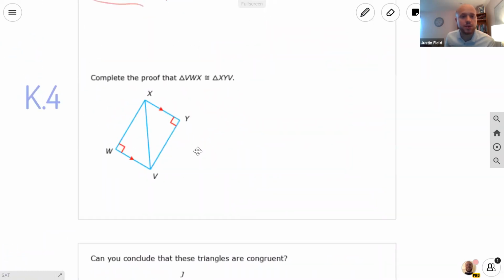But now, here we go. Complete the proof. All right, and I want to just note that in IXL, completing the proofs is just filling in the blanks. But I am not doing that because I want you to actually try. When you're doing these on IXL, forget that it's drop-down menus and just try it all by yourself first, because that is really going to make you a strong prover.